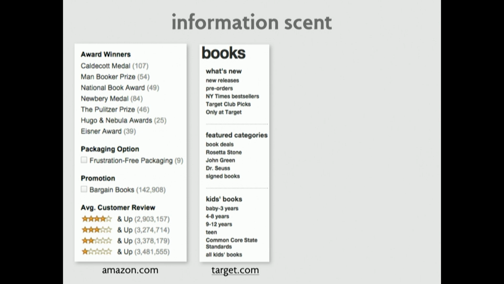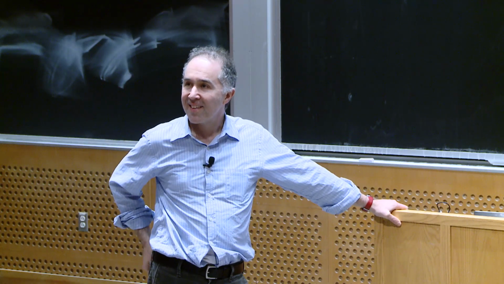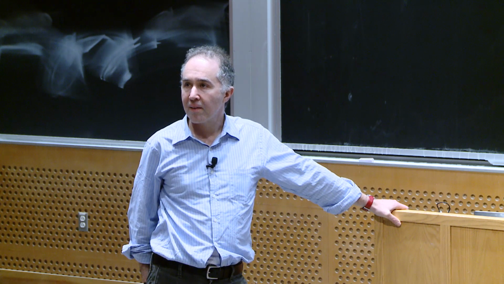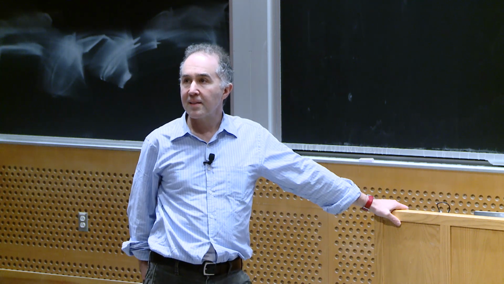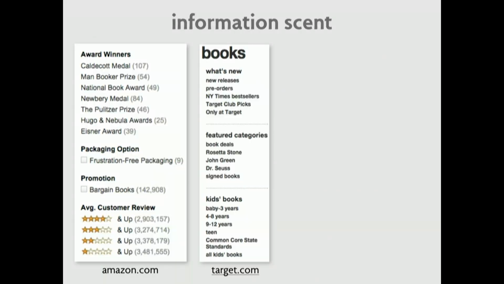And what do you think about the numbers in gray in the Amazon interface? Julia? Yeah, I think that it does possibly reveal some more information about the number of books that fall into that category. Exactly, and that's really helpful, right? Because you know that if you click to see the ones with 1 star and up, you're going to hit 3.5 million books.